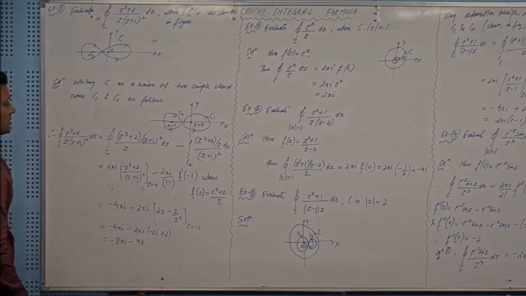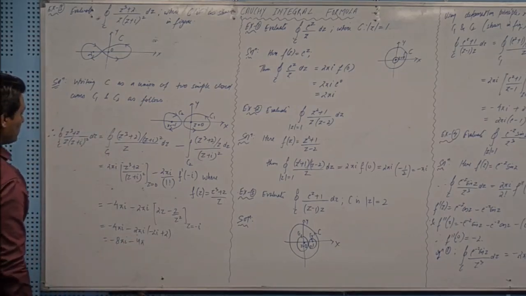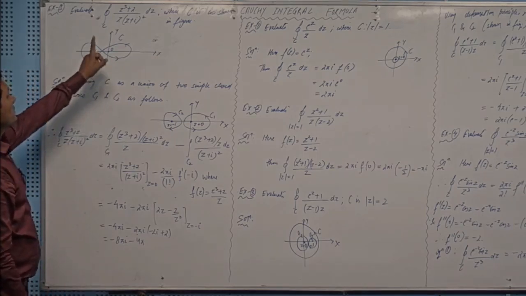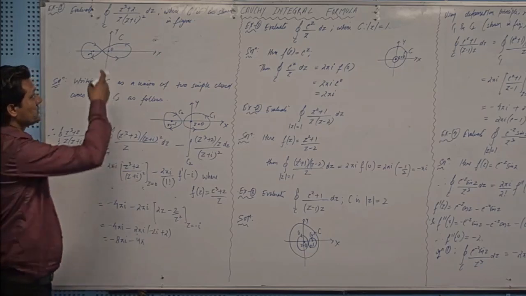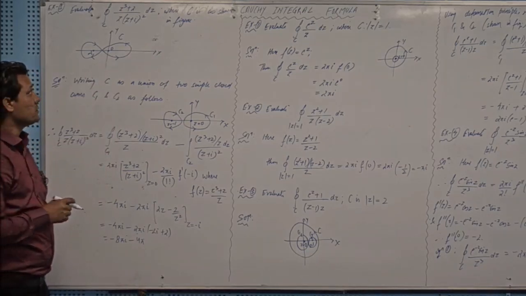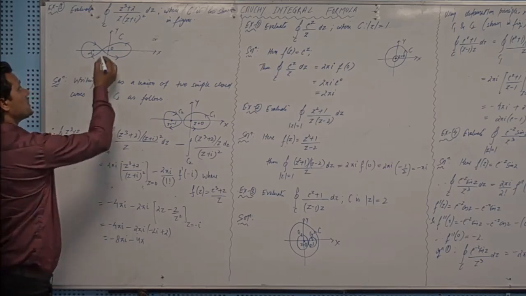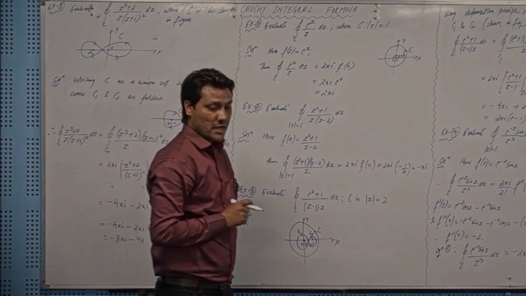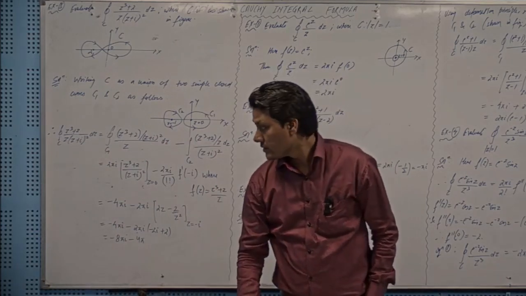So this is the answer, right? So this is the value of the integral, and you can see that the formula still holds for any closed curve C, which is not simply closed because the curve is intersecting itself at this point, right?